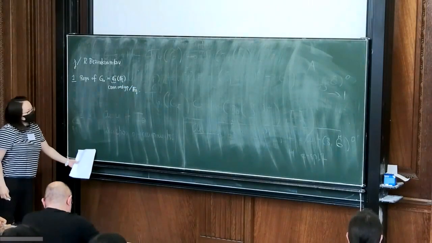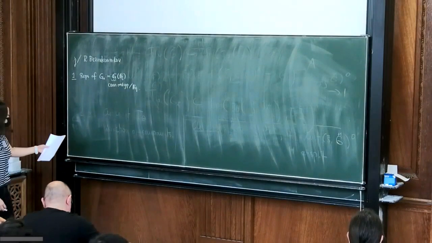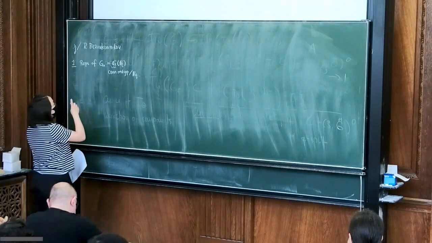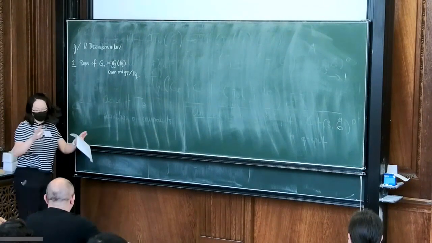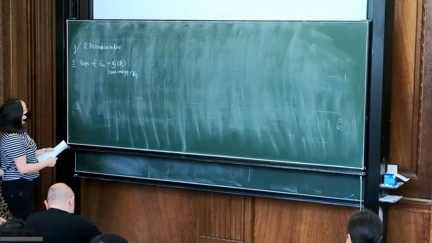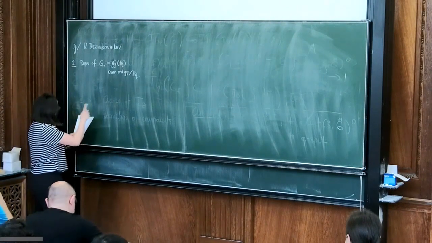And so this story is relatively well understood. And let me tell you a little piece of it. Essentially, all of my representations are over C or over Q_l bar. So I won't say that again.